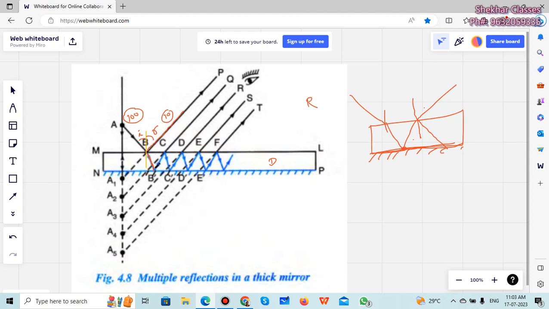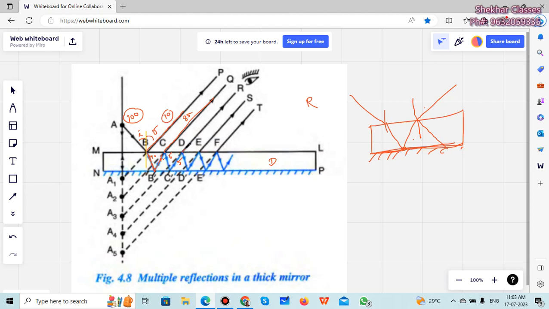And this 90 is not passing anywhere, because an opaque surface is a reflecting surface. This 90 will come here. So how much is this? 90. This is also 90 here. Out of this 90, say 85 will go this way, and 5 will be here. So again 5 get reflected.